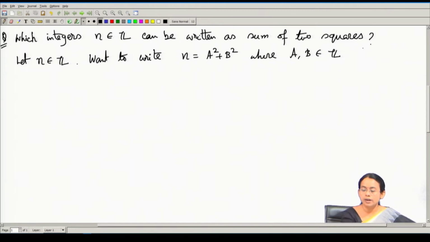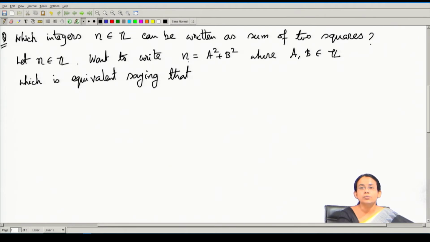Which is equivalent to saying that, now you can look at this n, we would like to write it as a square plus b square. This a square plus b square is nothing but the norm of the element a plus iota b. So, the question is which integers can be written as the norm of an element in the ring of Gaussian integers.